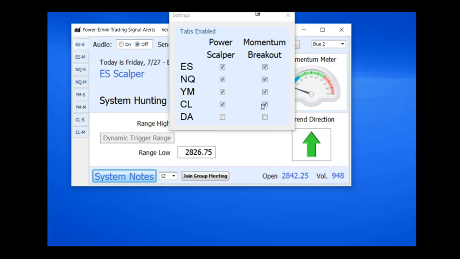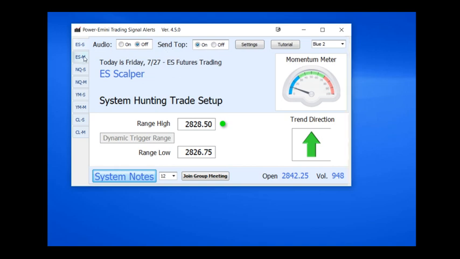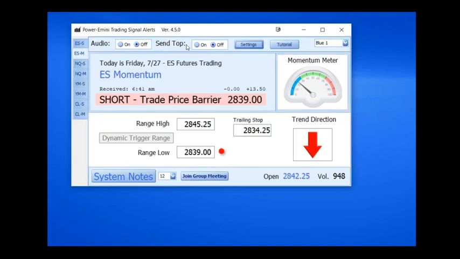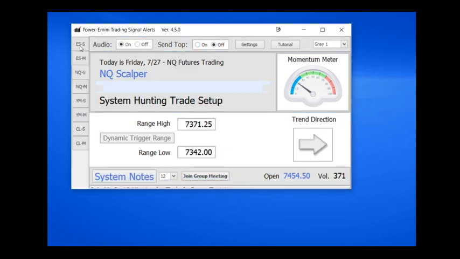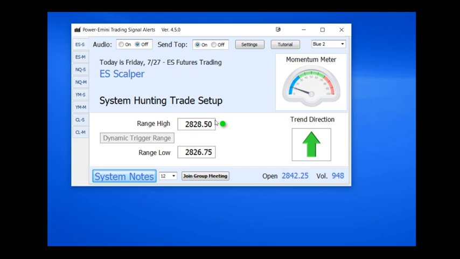If you're going to be primarily trading one of the page tabs, then you can have some of the other ones open, but go into those other page tabs and make sure that send to top is off and you can turn the audio off, right? If you do that, then your main channel that you're kind of watching, you'll be getting all the signals through there, but the other ones won't be popping up and driving you crazy, right?